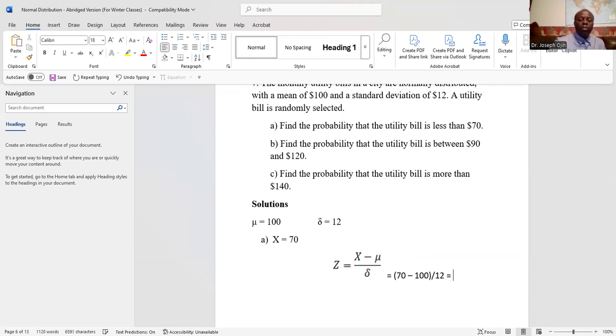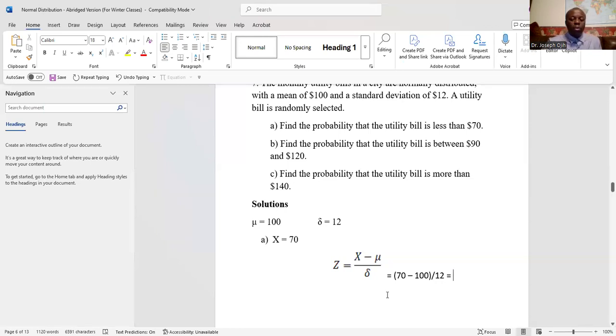That gives us, I'm going to write this on paper, Z equals X minus mean over standard deviation, which is 70 minus 100 divided by 12.